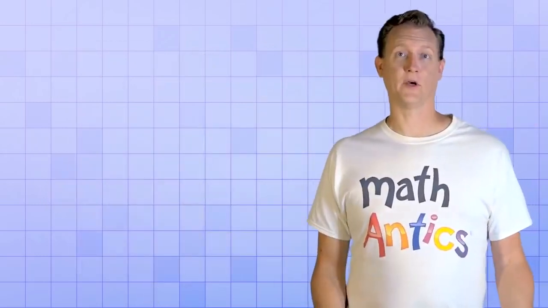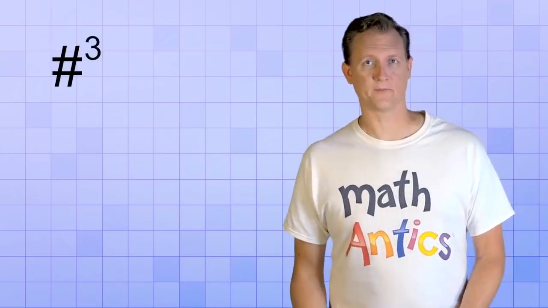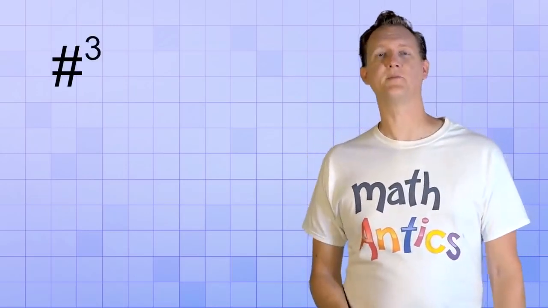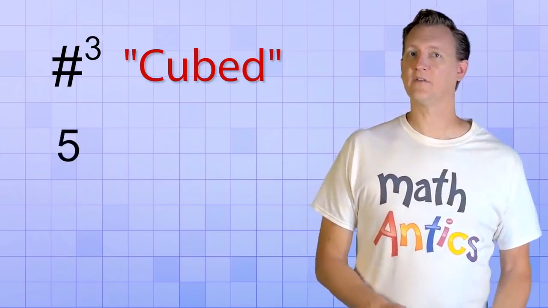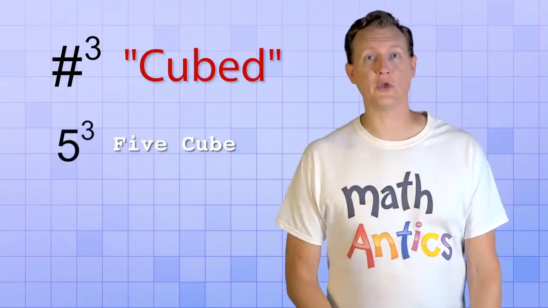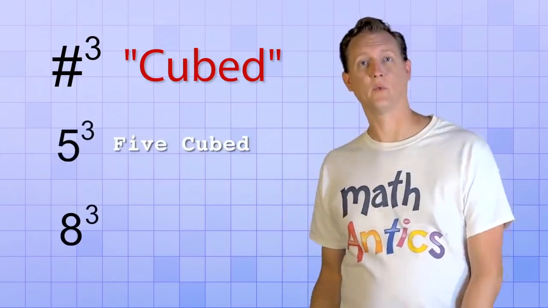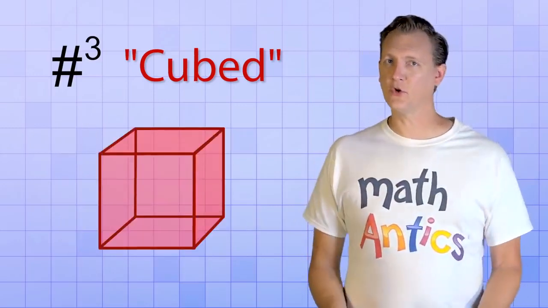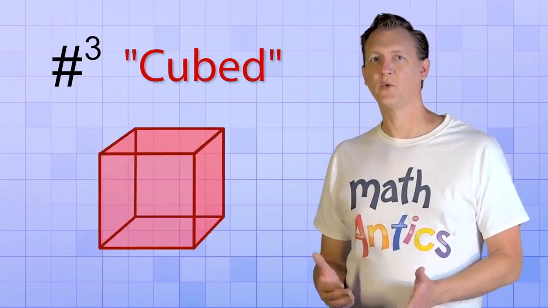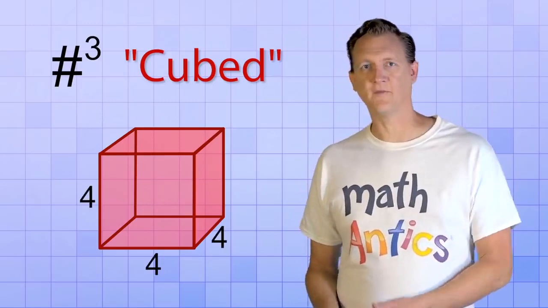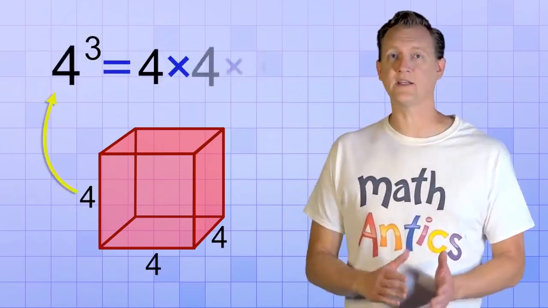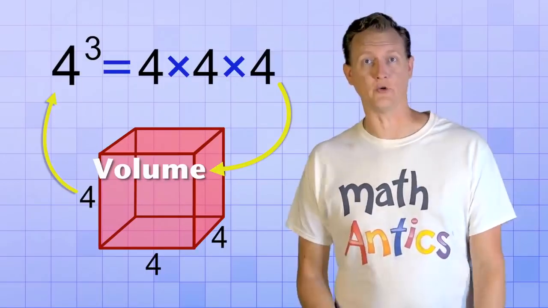And it's a similar story for numbers that are raised to the 3rd power. In that case, you'd say that the number is being cubed. So 5 to the 3rd power is also 5 cubed, and 8 to the 3rd power would be 8 cubed. Since cubes are three-dimensional objects with sides that are all the same length, if you multiply that length together 3 times, you would get the volume of the cube.